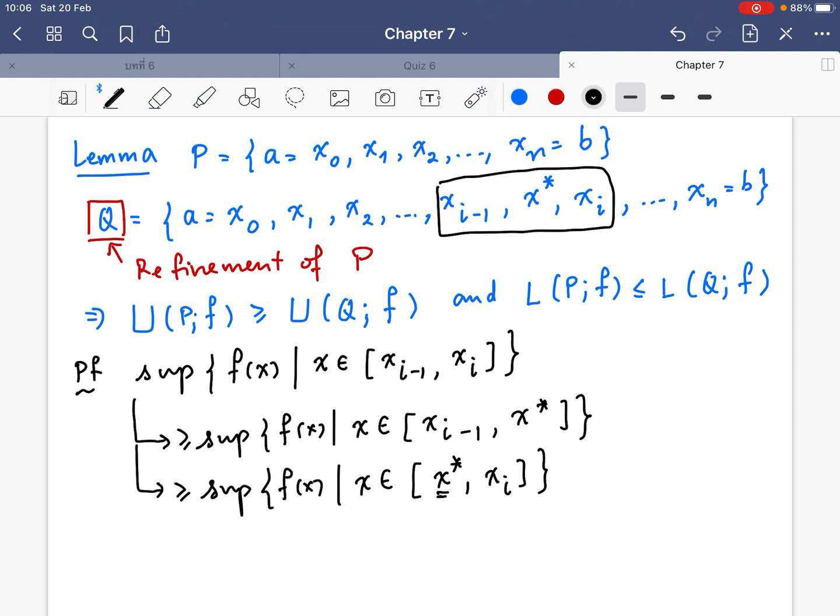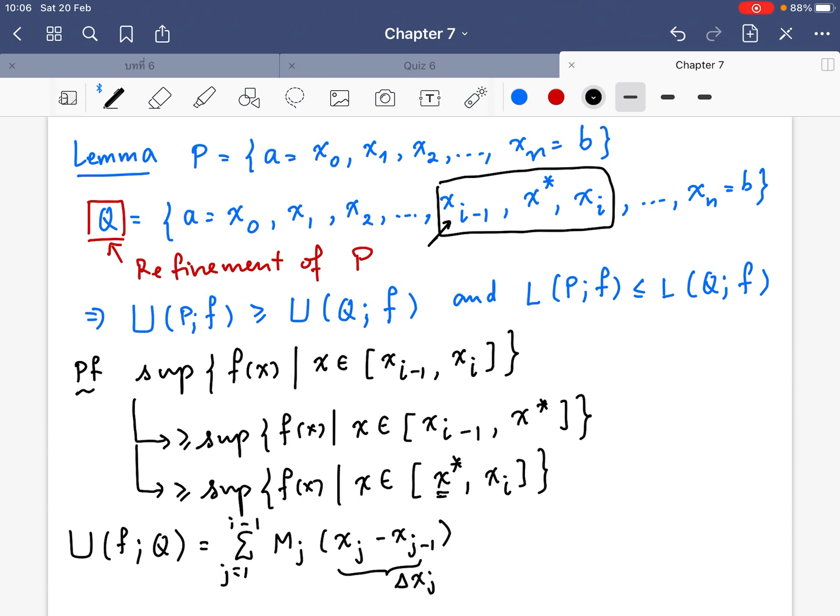And for the upper sum of this new partition Q, it is going to be somewhat the same up to before the point x(i-1), which is Mj times xj minus x(j-1). This is the length of each interval, which sometimes we call delta xj.